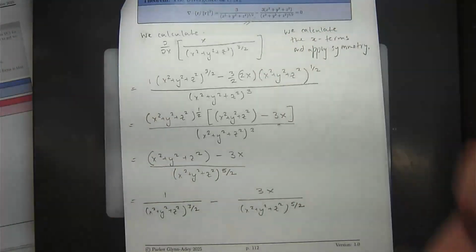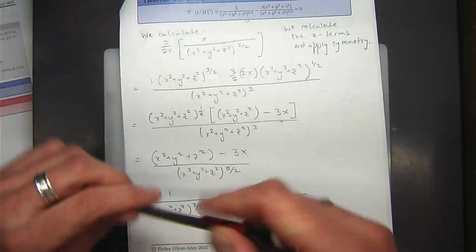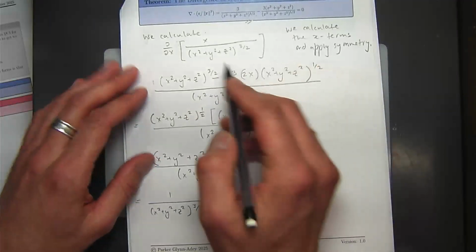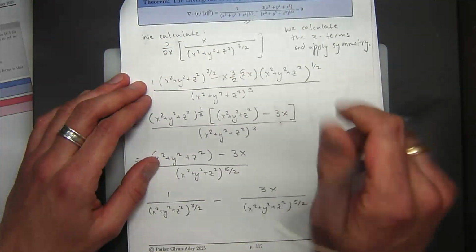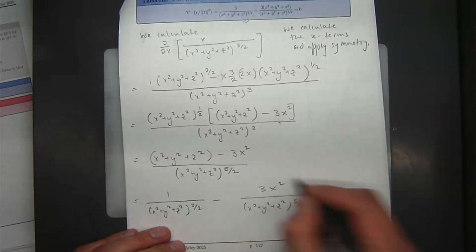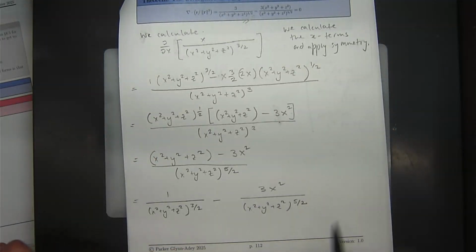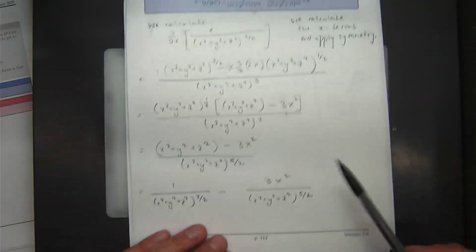Okay, so quotient rule strikes again. Ah, right. Okay. So I've got my numerator times the derivative of the denominator. Sweet. Lovely. Okay. Cool. All right. Love it. Beautiful.